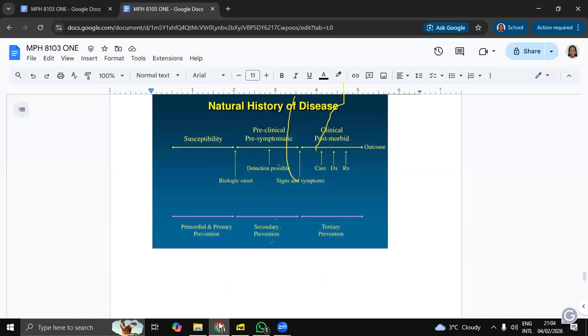I'm sorry, it's 4 minutes past the time. The kind of examples under primary prevention, we now have things like vaccination. So we are vaccinating people that do not yet have the disease. If a person already has the disease, then we can't really do primary prevention anymore.